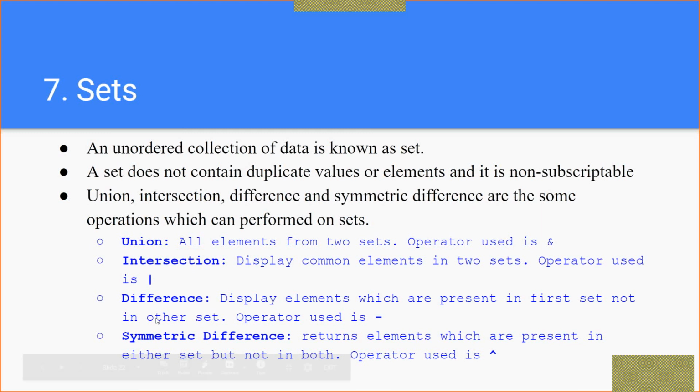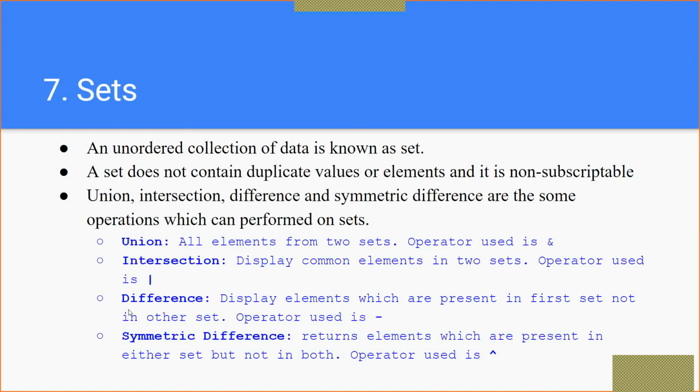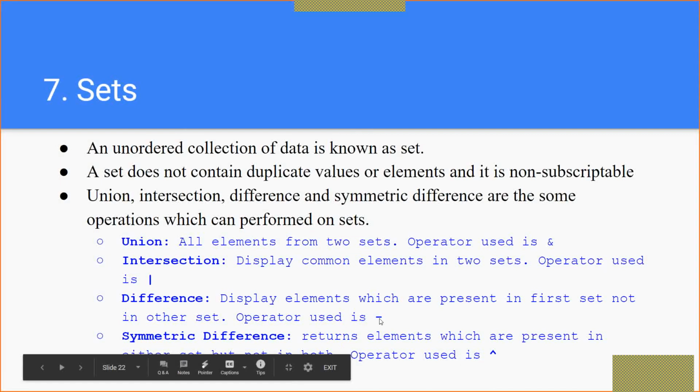And difference is displaying elements which are present only in the first set, not in the other set. This is simply like A minus B. I think you know this concept. The operator used is minus. And the last one is symmetric difference.